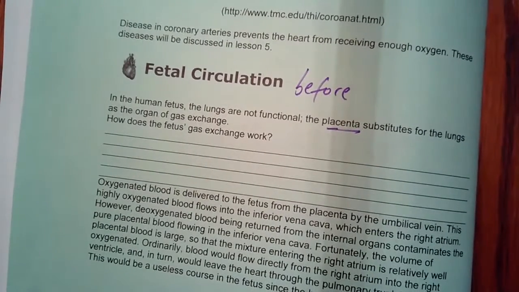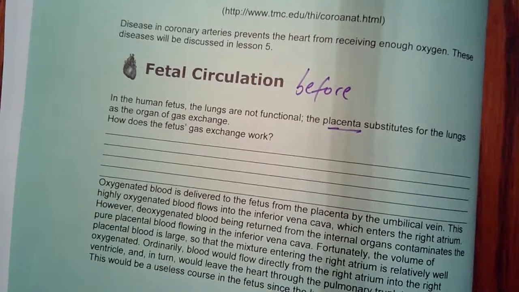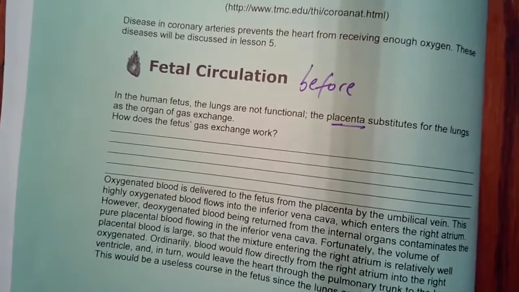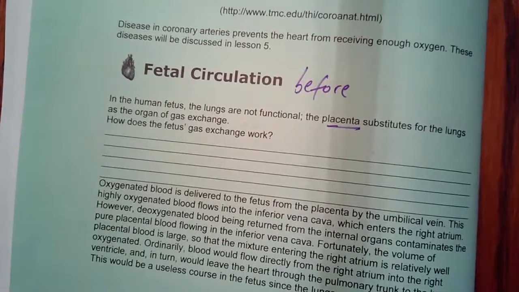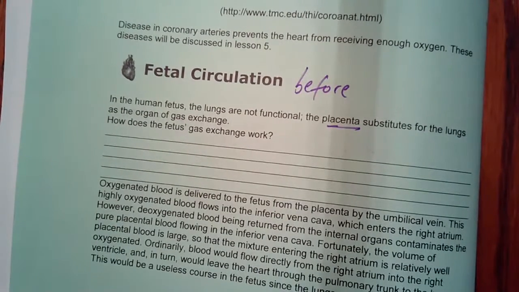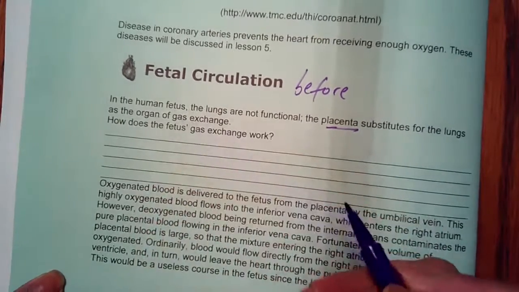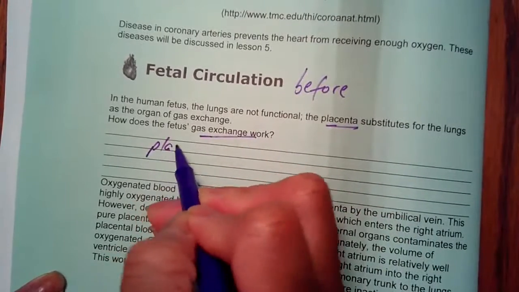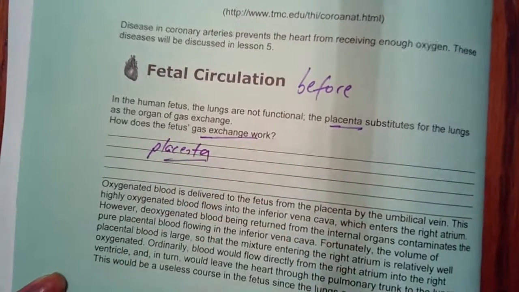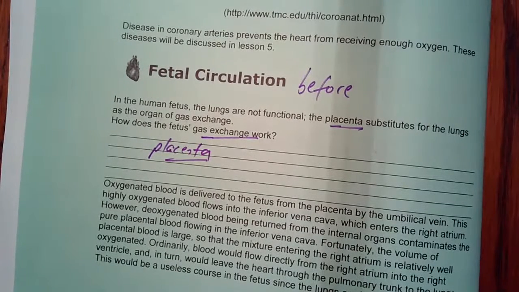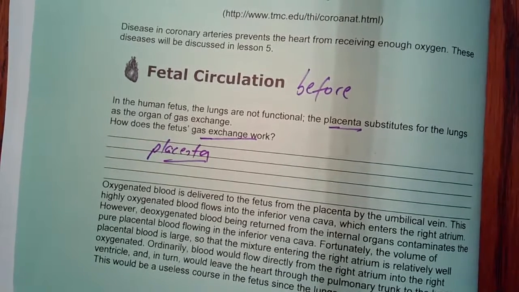So how does the fetus then do gas exchange within the uterus? There are two very special devices or systems that allow the fetus to exchange the nutrients and the oxygen and remove the waste back to the mother. Okay, so the placenta of the mother is doing the gas exchange as well as the nutrients.